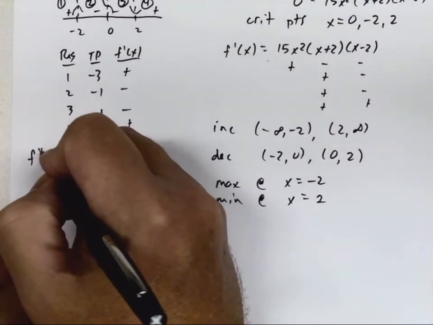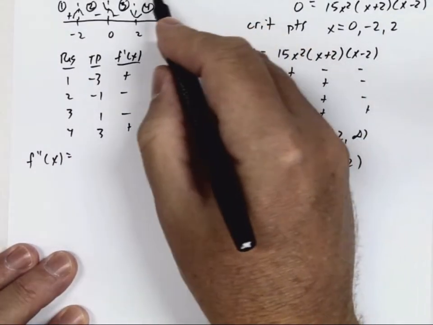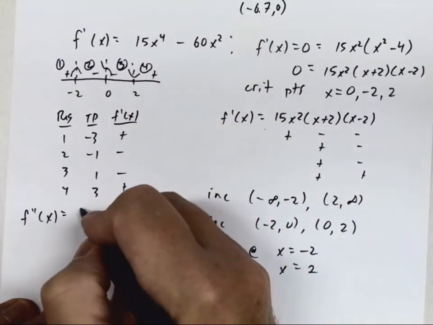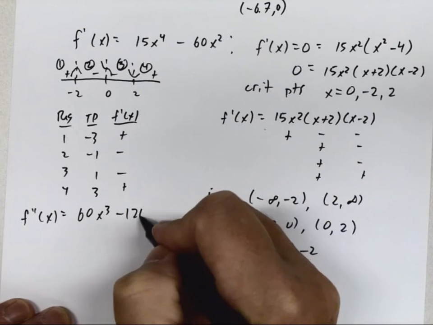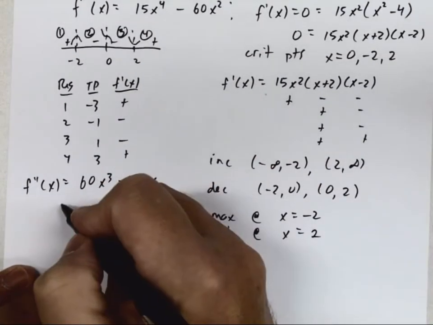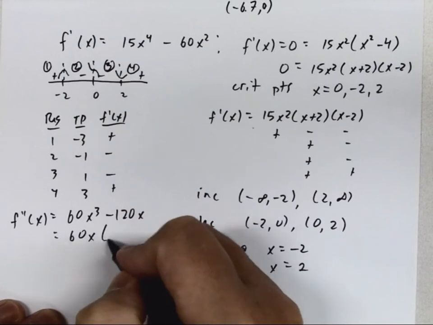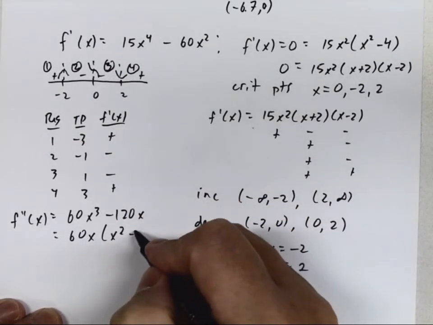Let me just do it here. I'm going to base it off my first derivative right here: 60x to the third minus 120x. Once again, it's probably going to help me to factor this, so I can factor out a 60x, x squared minus 2.